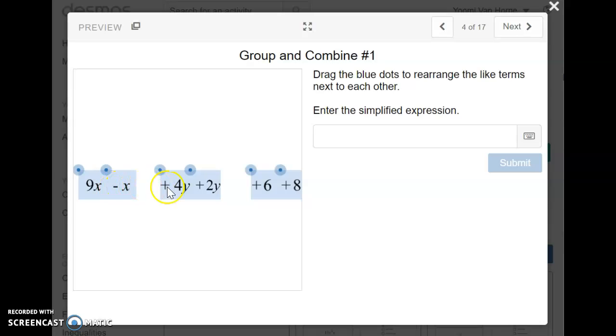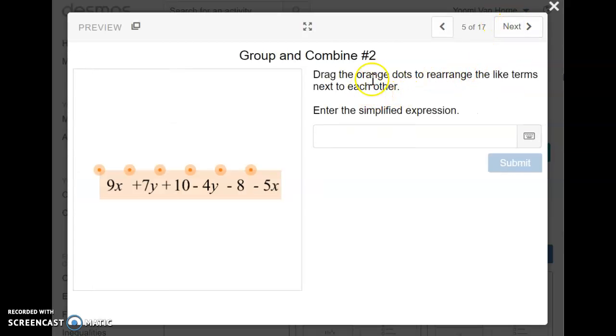And notice that the negative signs go with the variable. So 9x minus x is 8x. So I am going to write 8x here. And 4 lots of y plus 2 lots of y is 6y. And then 6 plus 8 is 14. So that's my answer.